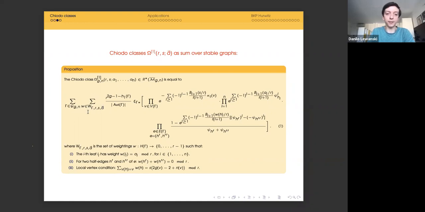So every time you have a leaf or a half edge, you decorate it with a number between 0 and r-1 in all possible ways, such that locally, the modular condition that we've seen before holds on every vertex. And also every time that you have an edge, if you sum the weights of the 2 half edges, you get 0 modulo r. And on the leaves, you decorate with the ai that you start with. So again, this is a very complicated formula at first sight, but it's very implementable as well.